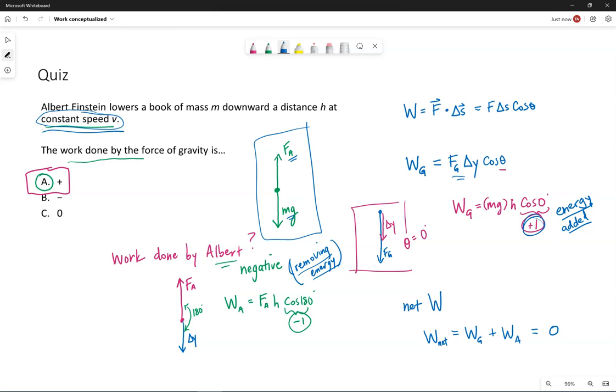So the net work done is zero, meaning there's no change in the motion. It means that constant speed. Okay, we'll talk later about the specific equation for this, but for now, I wanted to cover the concepts of those forces individually and the work they do.